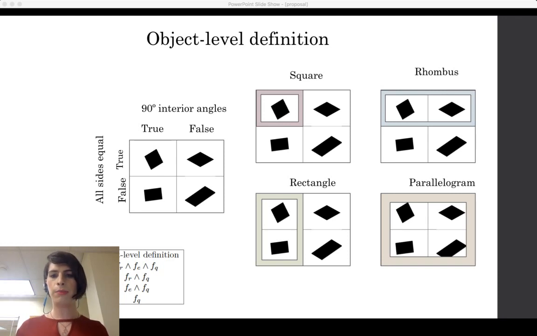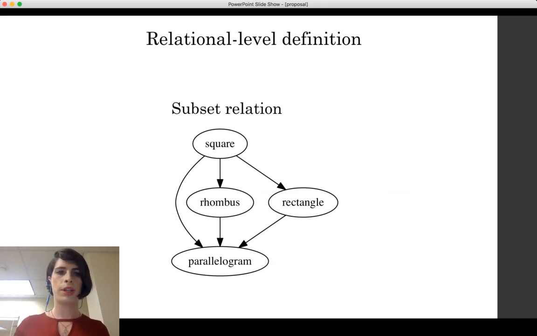On top of the object level definition, there's a relational level definition. The relation that is used in this work is the subset relation. So again, the object level evidence doesn't necessarily rule out all alternative concepts at this relational level. However, there are ways that subjects still might get there.